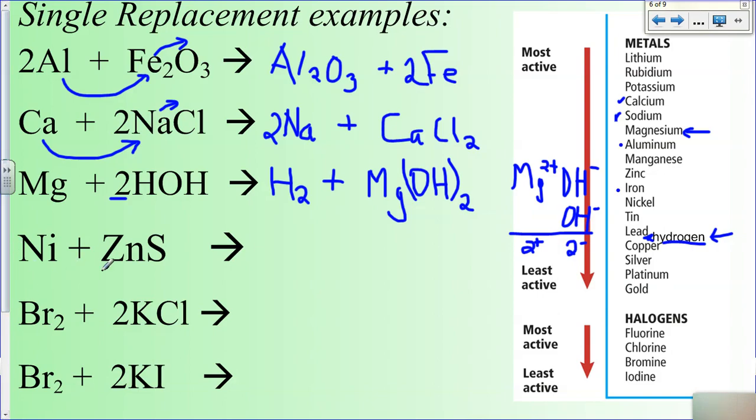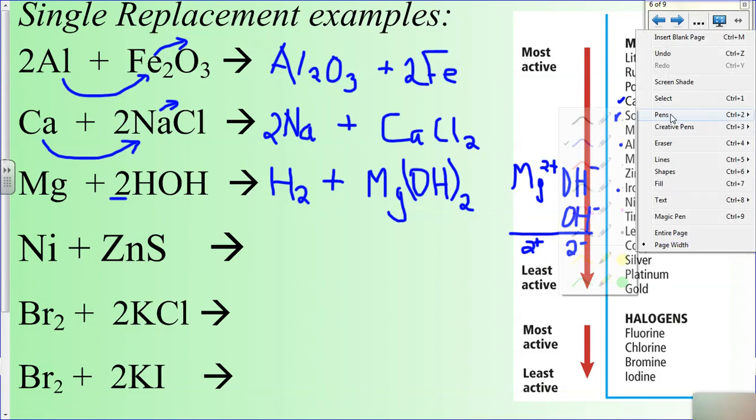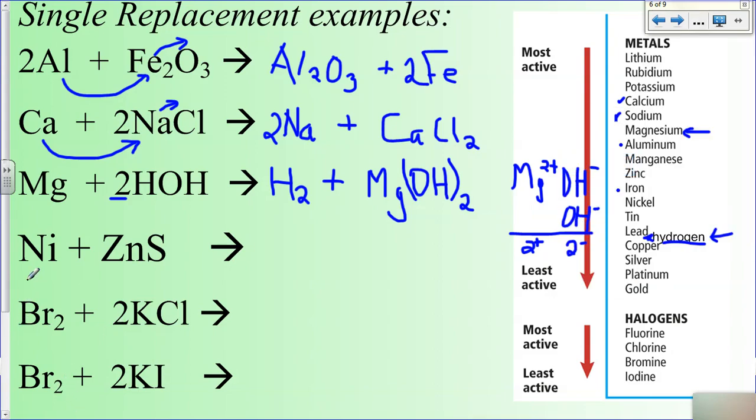So take a look at our next example. You may want to pause the video and determine, does this reaction take place? Nickel would like to kick out the zinc. Here is nickel. Well, look at where zinc is. Nickel is beneath zinc.